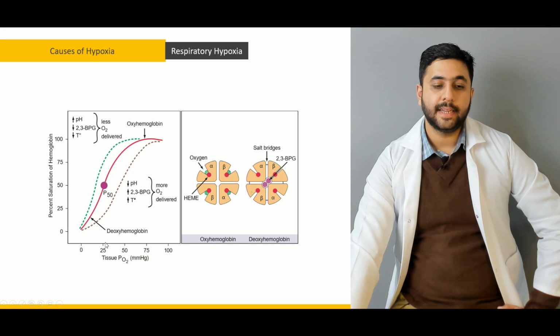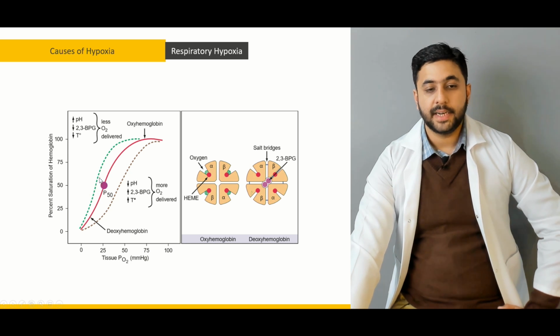This is also defined here: at a lower level of the plasma oxygen concentration, the P50 is reached. Here you can see that in a normal person, somewhere around 25 millimeters of mercury, is the P50, or the 50% of hemoglobin is saturated.